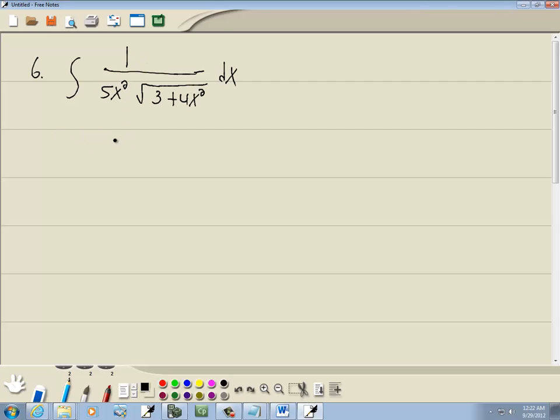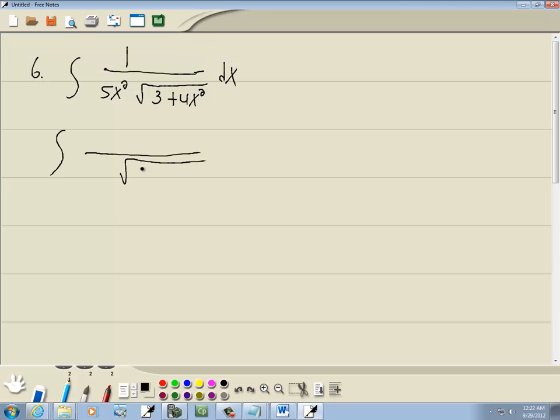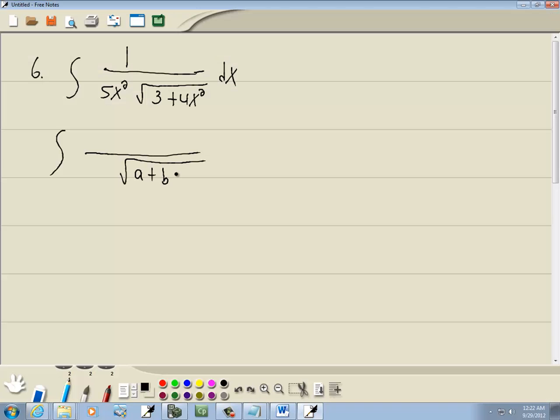What I'm thinking I'm headed toward is, looks like some of them have a squared. I think I'll probably have a plus bu squared, where u is equal to x.